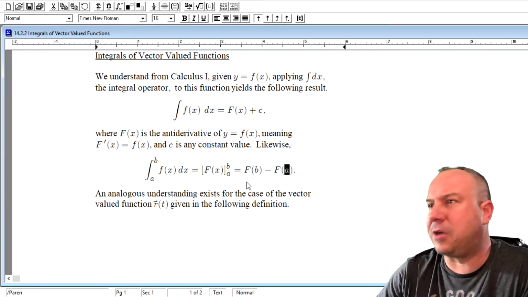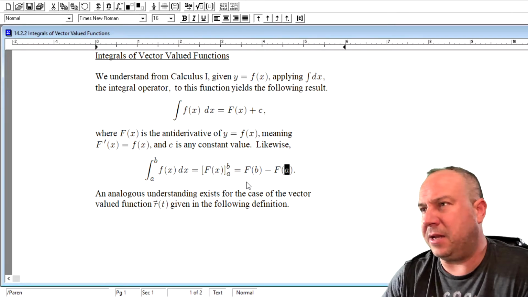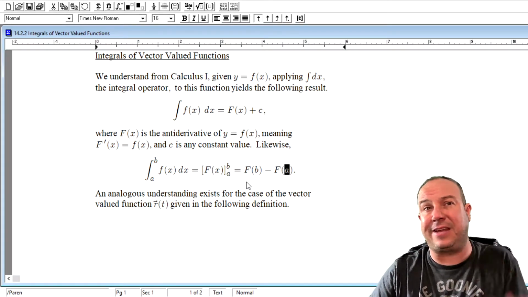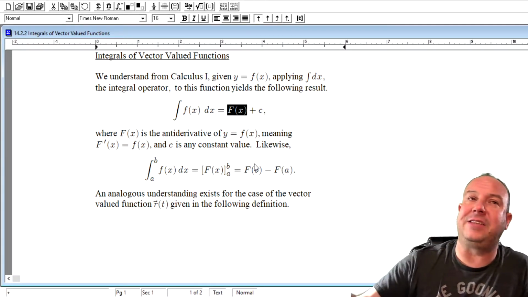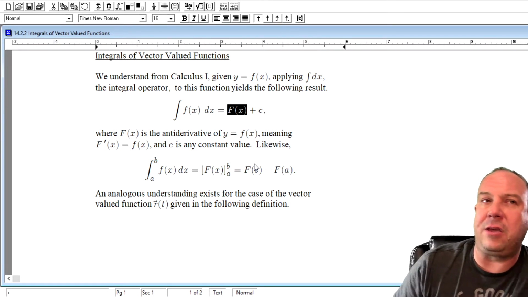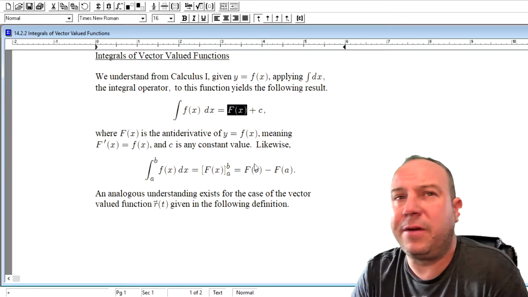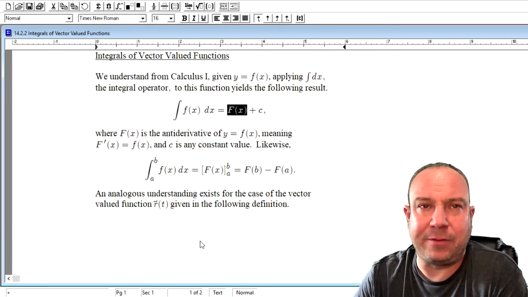It's called evaluating our antiderivative across those bounds from a to b. When we calculate a definite integral, that's what we're doing. We're taking the antiderivative that we would find, big F of x, in the case of the indefinite integral and evaluating it at our upper bound and subtracting away its value at the lower bound.